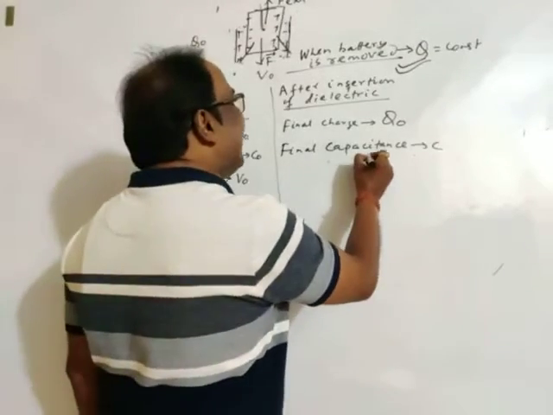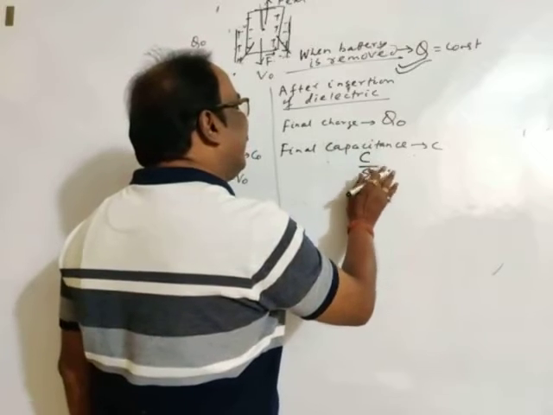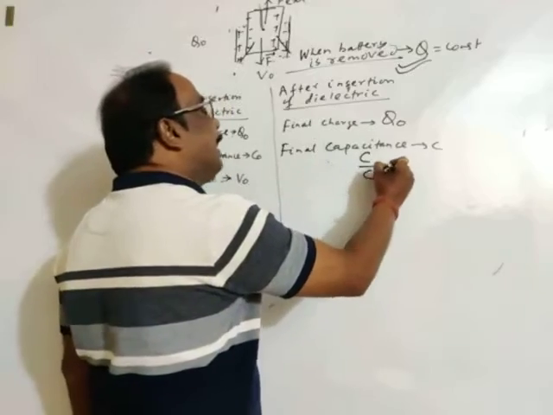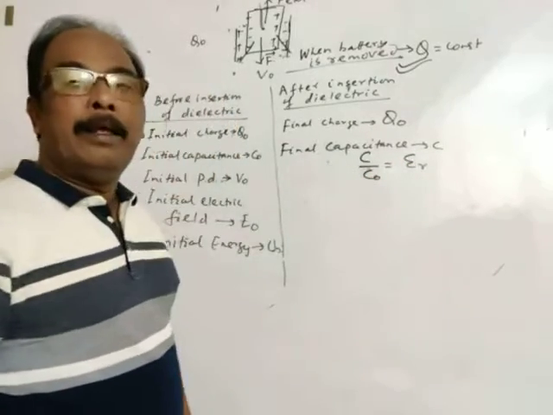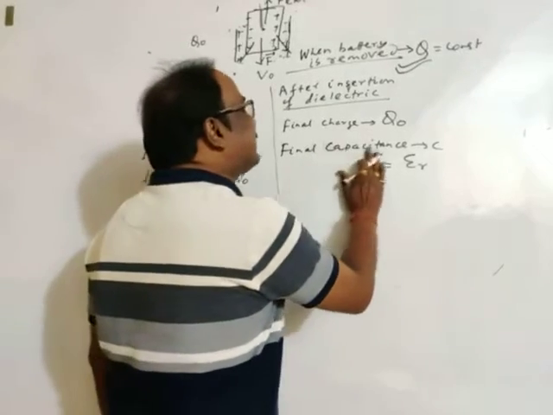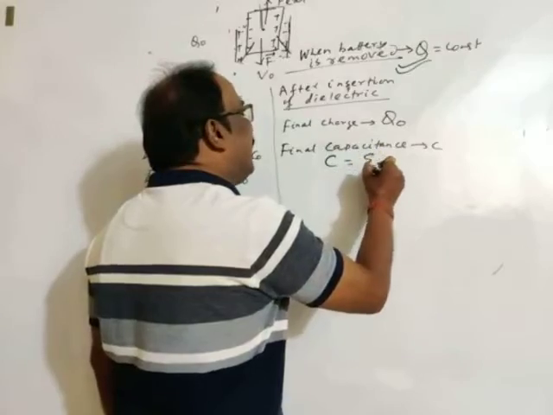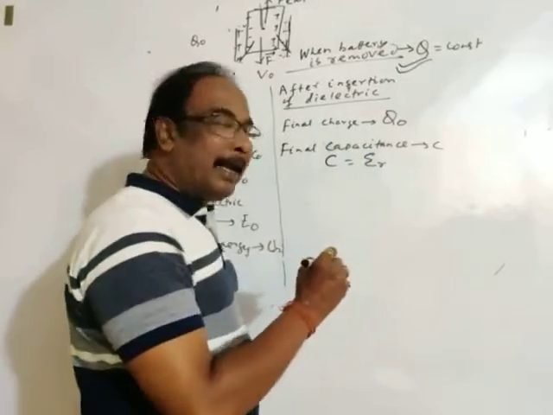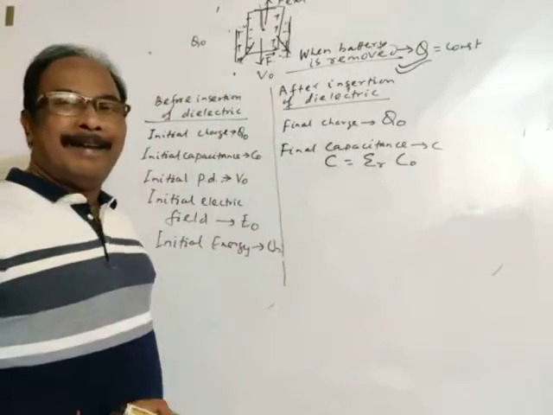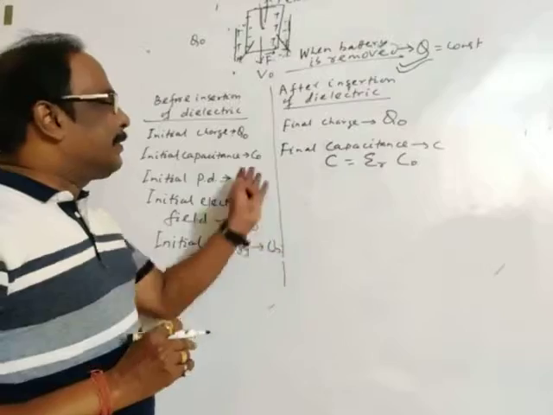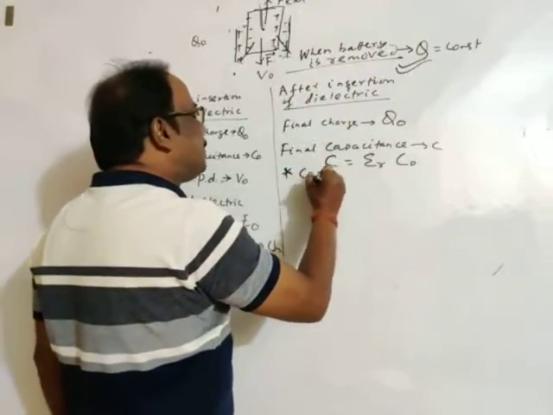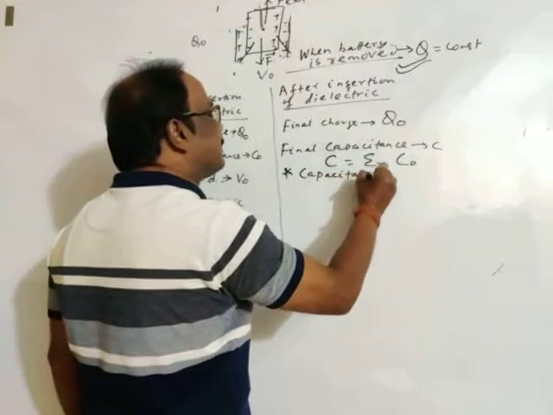Capacitance with dielectric divided by capacitance with air or vacuum is equal to epsilon r, the relative permittivity or dielectric constant. So capacitance is epsilon r times the capacitance in air or vacuum.